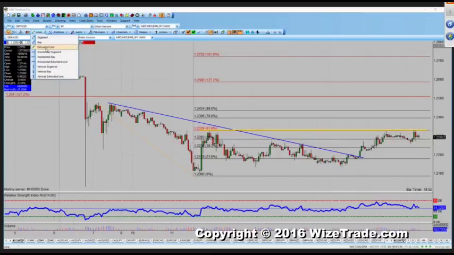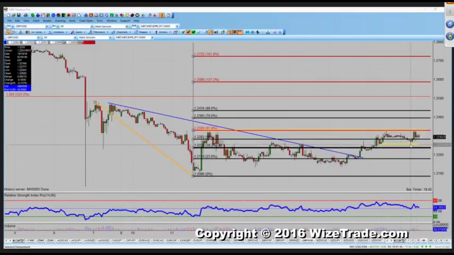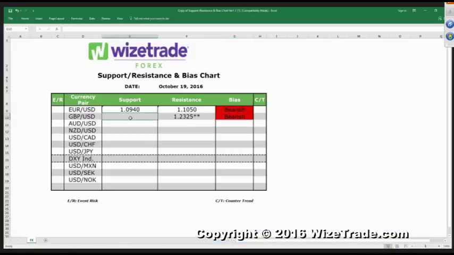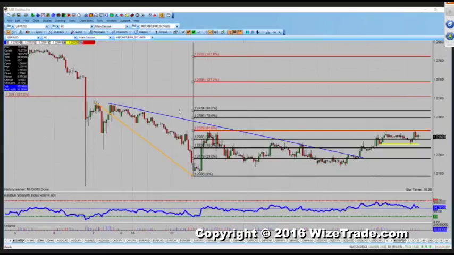No, not necessarily, because if the euro breaks down, the pound's probably going to break lower too. It's just that the pound may still outperform the euro on the downside. It's possible. All right, so that support, the overnight low at 122.56. I'll just write down to even it out 122.50. That's support.